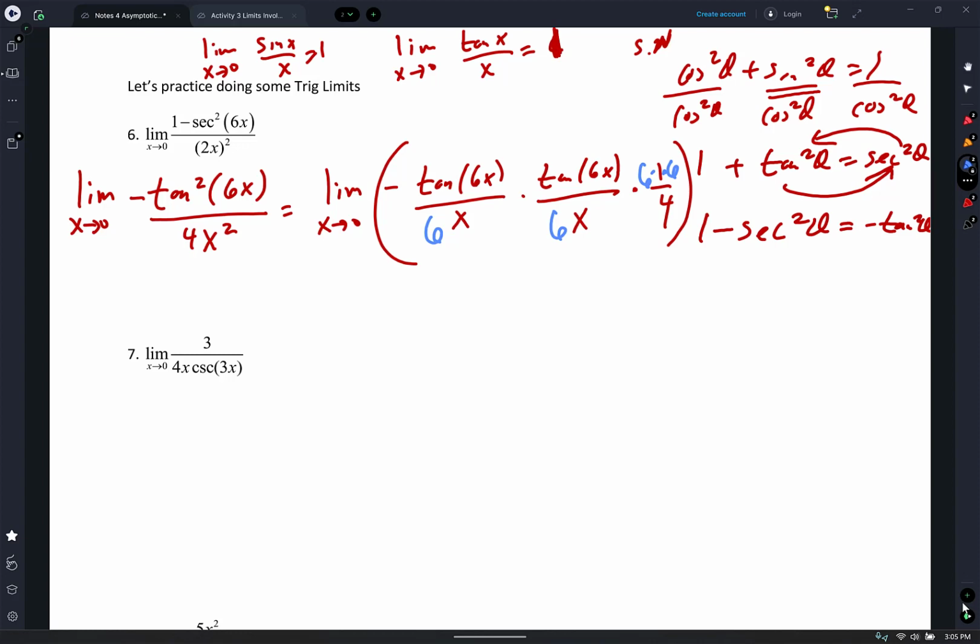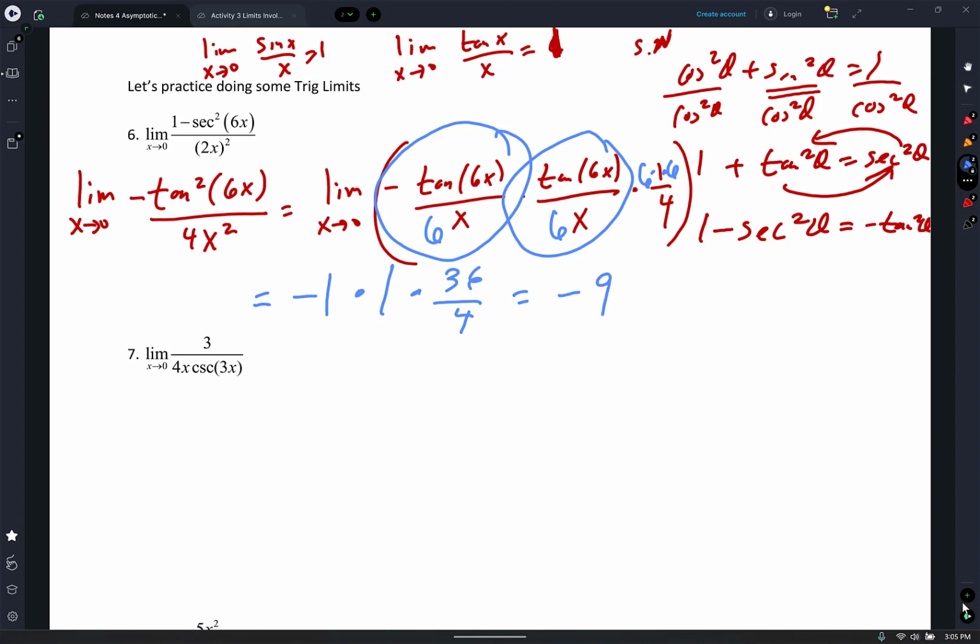So this turns to negative 1, because that's negative 1 right here, times 1 times 6 times 6 is 36 over 4. 36 over 4 is equal to 9, but I remember the negative in the front, so negative 9. How do we feel?